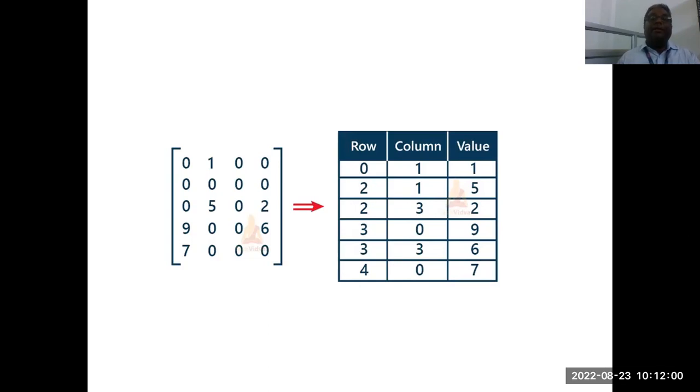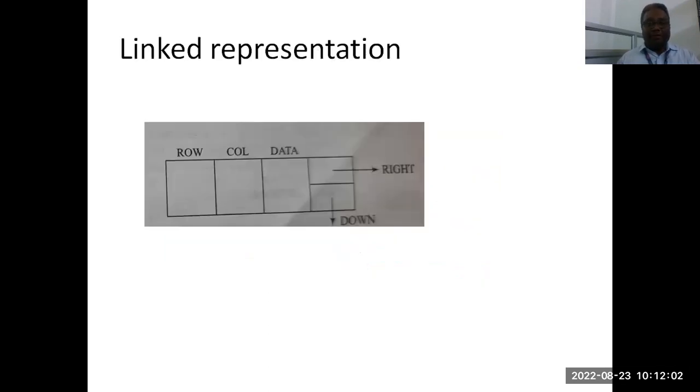Coming to the other way of representing the sparse matrix, that is the linked representation. In this representation, the node structure is like this. First, we store the row value. Second, we store the column value. And then here we store the data value, that is the non-zero data.